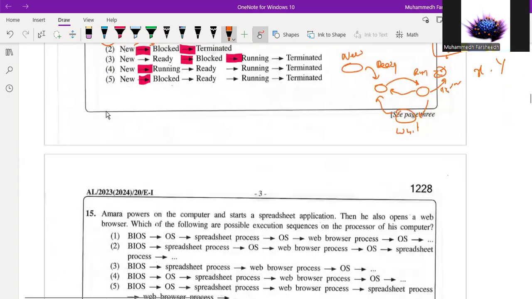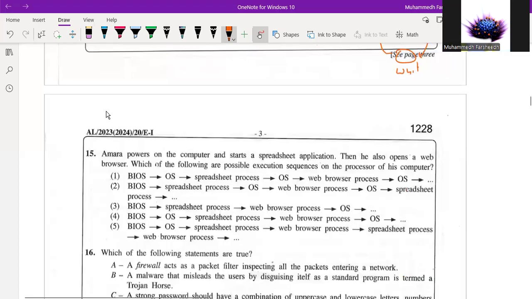Yes. Question number 15. If you are not familiar, this guy is not Amara, this is Amara. Now this is there in many past papers as well. Anyhow, Amara powers the computer and starts the spreadsheet application.